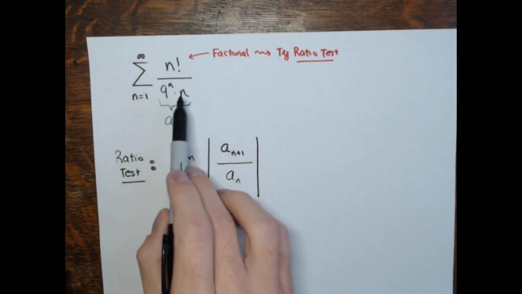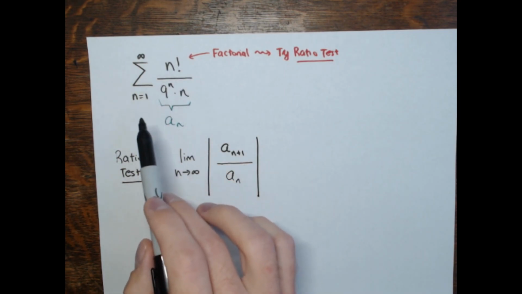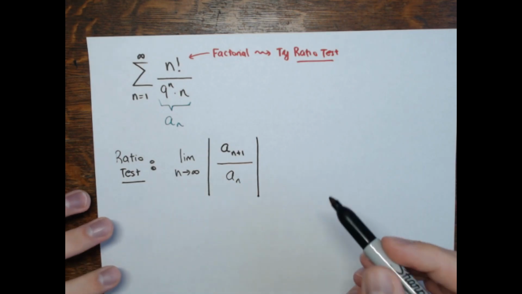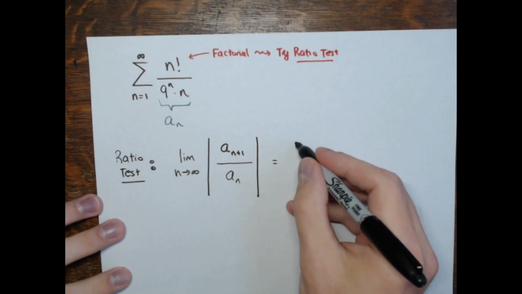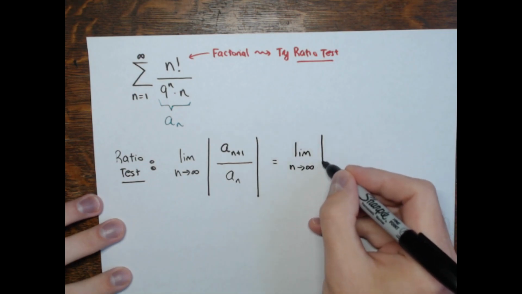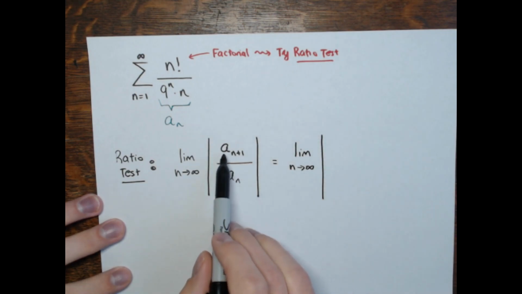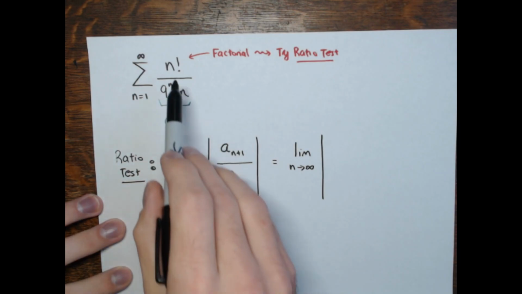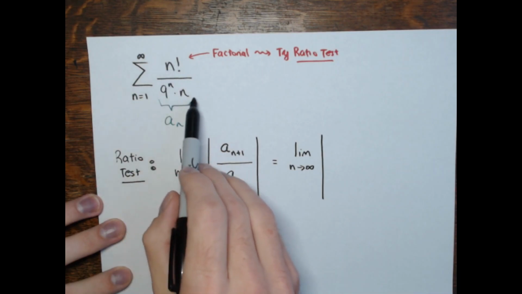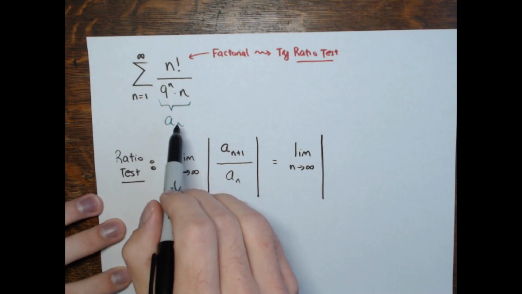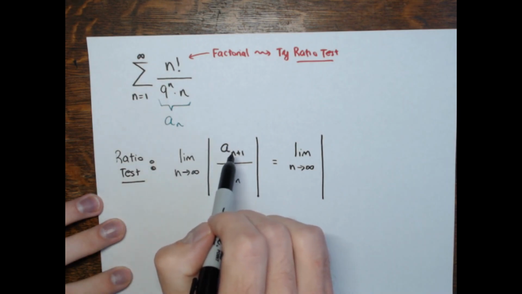Now, all these terms are going to be positive, so I really don't need the absolute value this time, but I'll stick to writing it. Keeping it on isn't really going to affect anything. So this will be the limit as n approaches infinity of the absolute value of a sub n plus 1. That's just the terms of our series where I replace n with n plus 1.